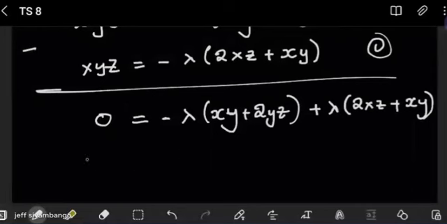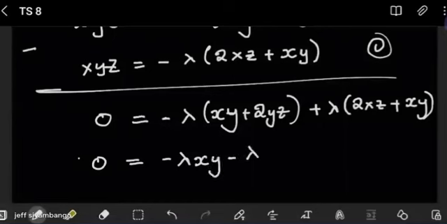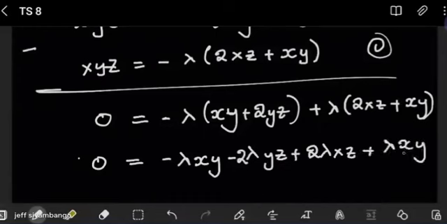Or instead of canceling out, we can say that among our options, we're going to have the part where we're saying 0 is equal to, let's distribute first, so that you see how it simplifies a little: minus lambda xy, minus 2 lambda yz, plus 2 lambda xz plus lambda xy. This and this will subtract out.